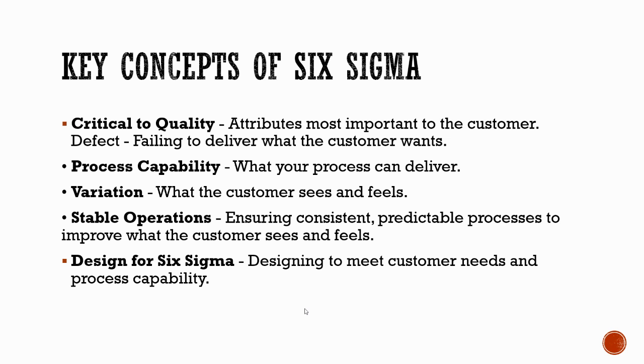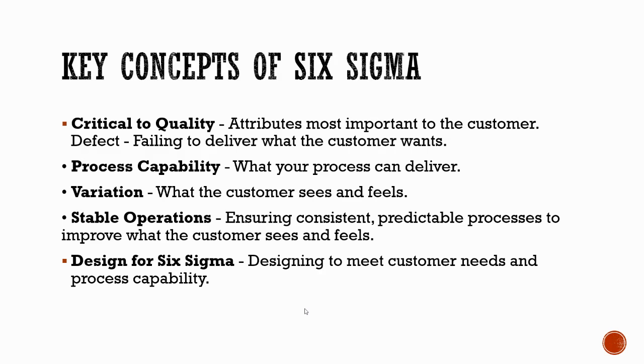So the key concepts of Six Sigma. First is critical quality: attributes most important to the customer, defects failing to deliver what the customer wants. Then process capability: what your process can deliver is nothing but process quality capability. Then variation: what the customer sees and feels. Because customer to customer, their expectations can be different, so what they are feeling and their feedback are most important.